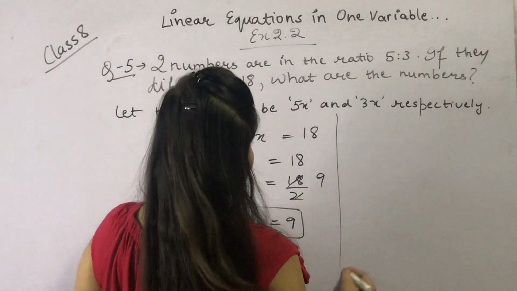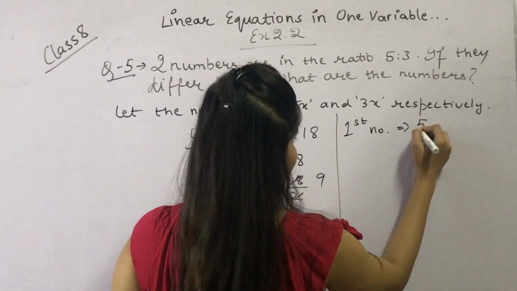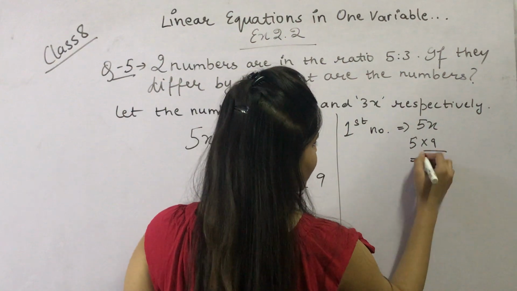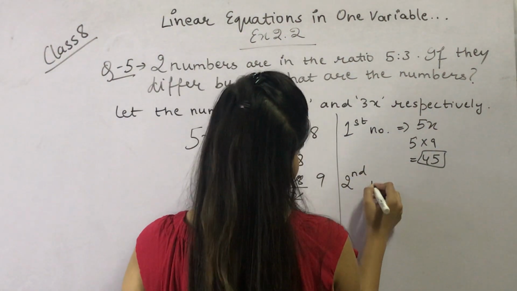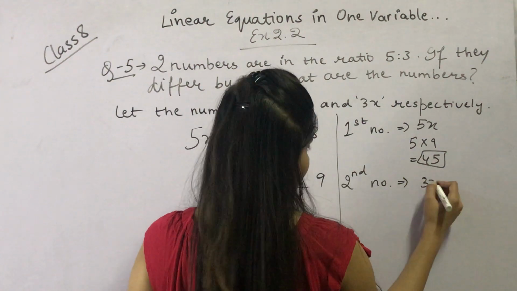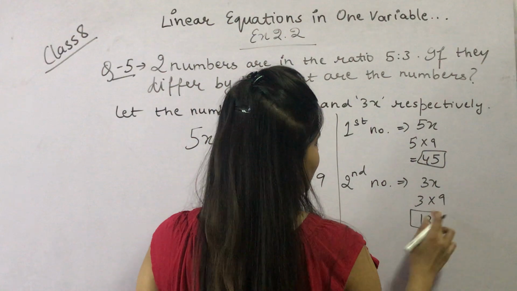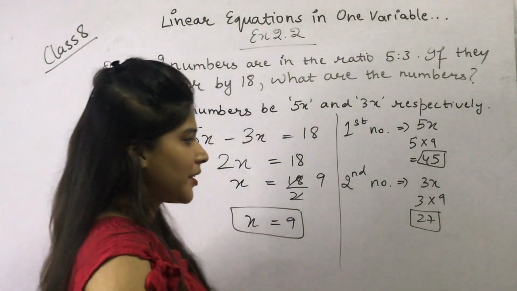So the first number is 5x, which means 5 into 9, which is 45. So the first number is 45. Similarly, the second number is 3x. It means 3 into 9, and 9 3s are 27.